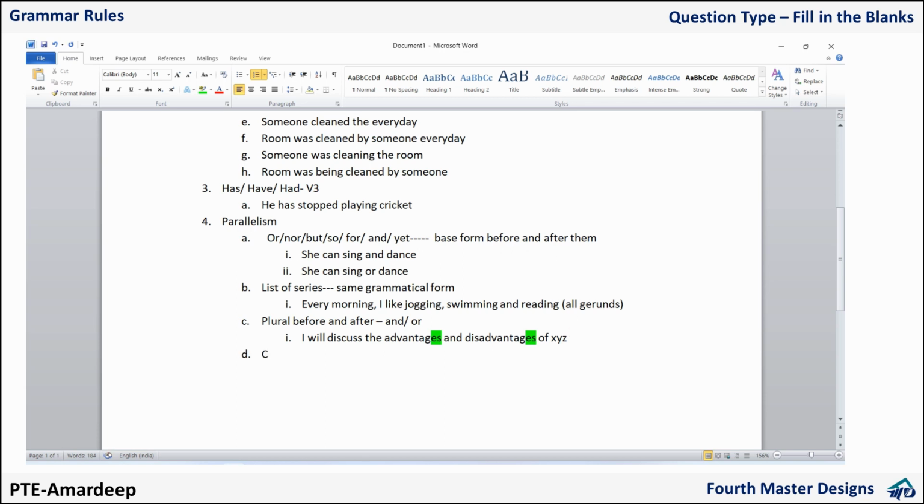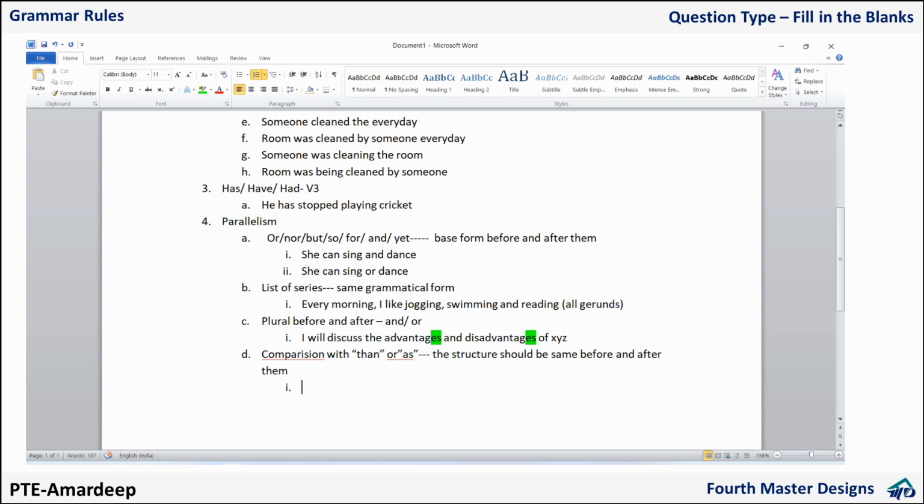Now comparison with what? With then, or with as. In this case, again, the structure should be the same before and after them.